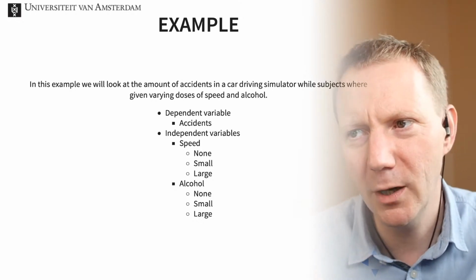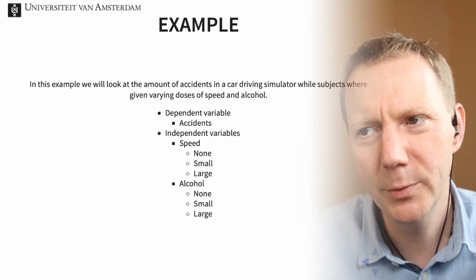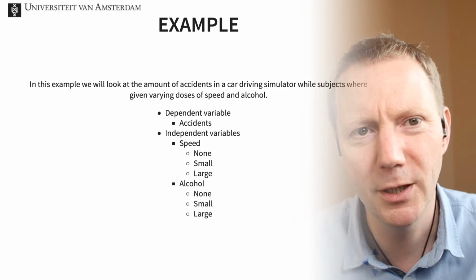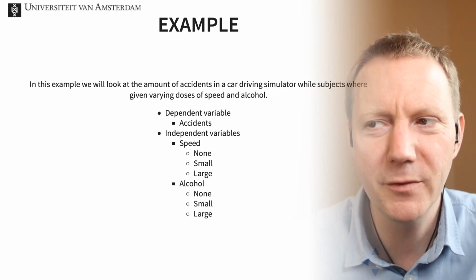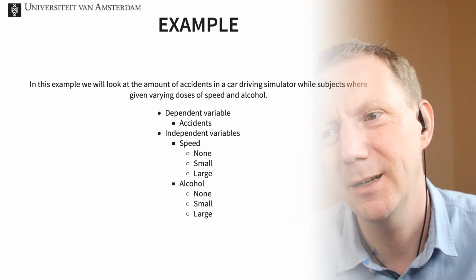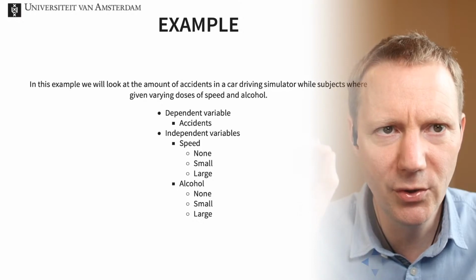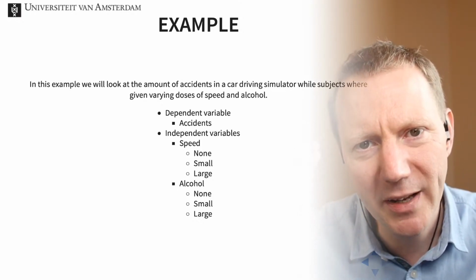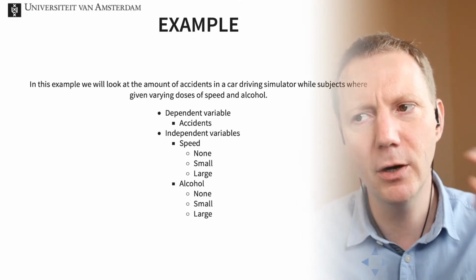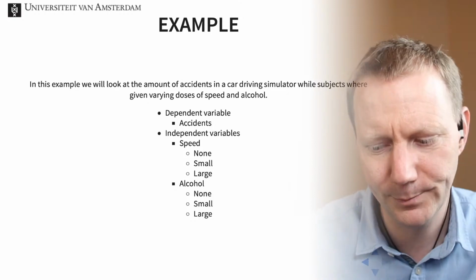And we're going to do an experiment where one group gets no speed and gets no alcohol. The other group is given a bit of speed and no alcohol. And we're going to create experimental conditions for each and every combination of levels of speed and levels of alcohol.